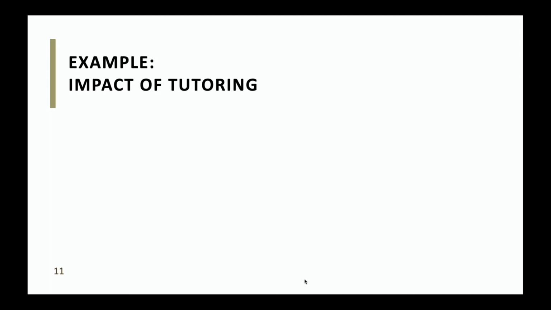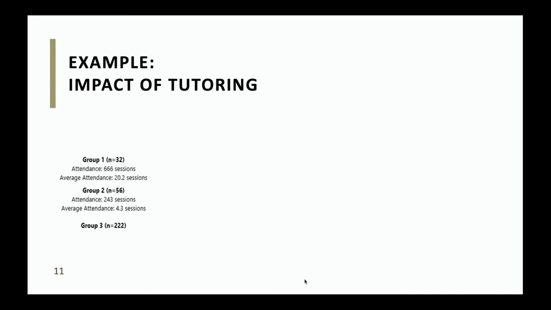So in this situation, the project team was really interested in understanding the impact of tutoring, and naturally they created 3 different conditions in which students were participating in tutoring. So in this project, there were 3 conditions. The first group was required to participate in tutoring to receive a stipend.